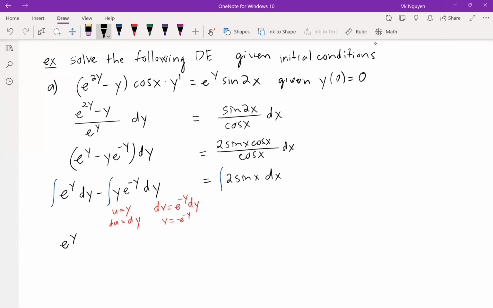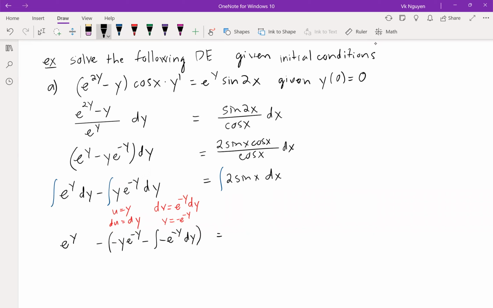So what we have is minus that. Be very careful with the negative positive sign. uv, so negative y e^(negative y), minus the integral of v du, so minus e^(negative y) dy.